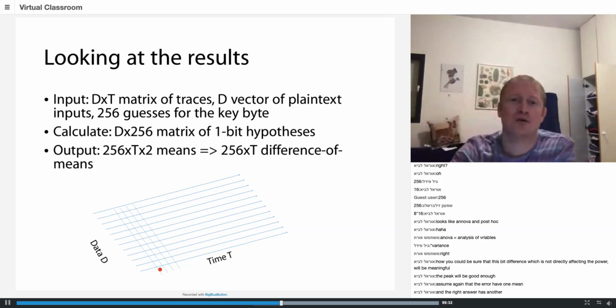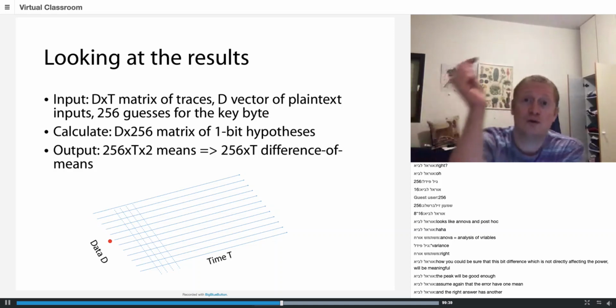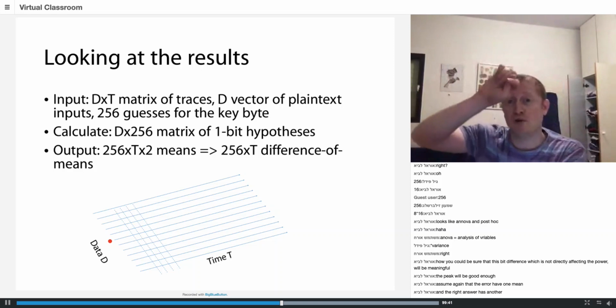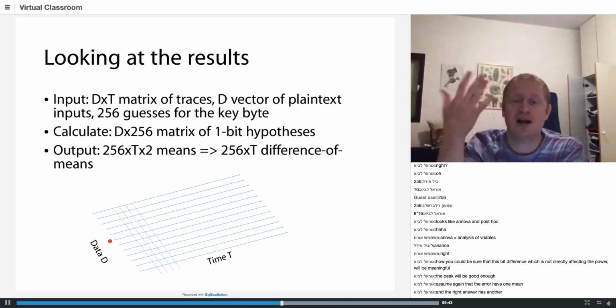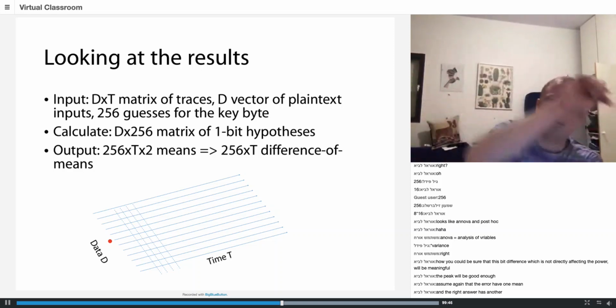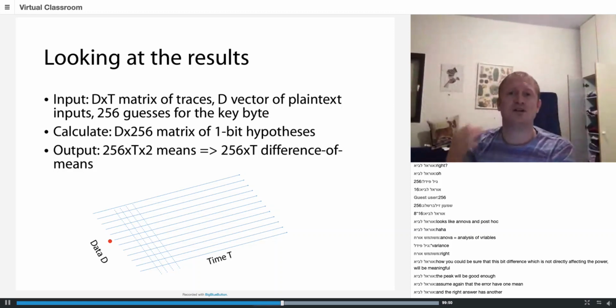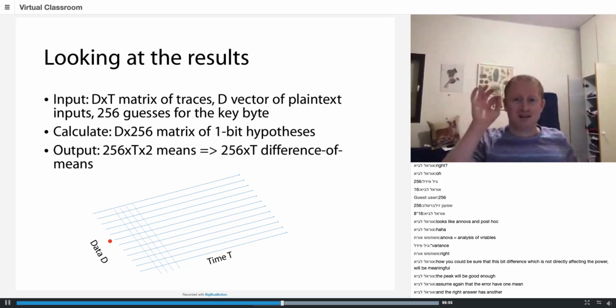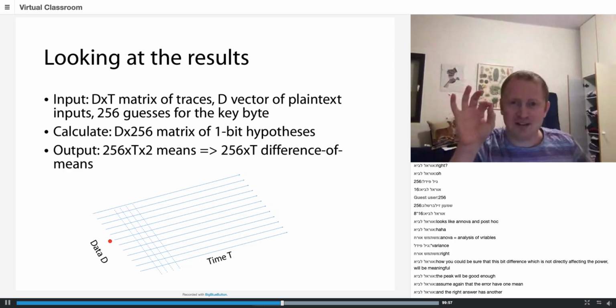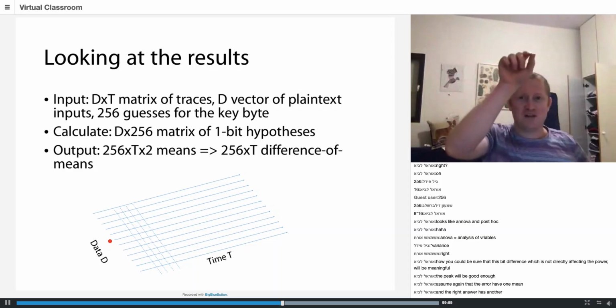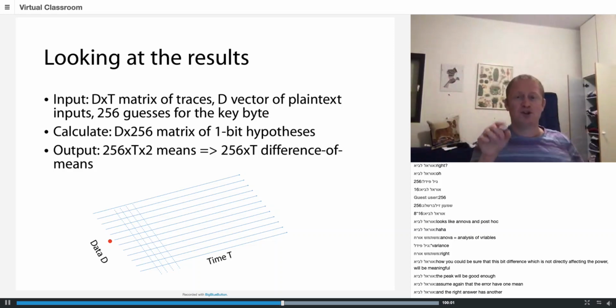So if I'm saying data 1 and 3 and 5 go into bin 0 and 2 and 4 go into bin 1, then my hypothesis is going to be bin 0, bin 1, bin 0, bin 1, and so on. I need to assign each one of my traces into a bin. So a single hypothesis is a vector of size d, which assigns each one of the traces to a bin.